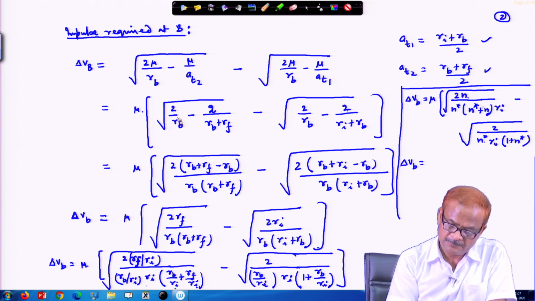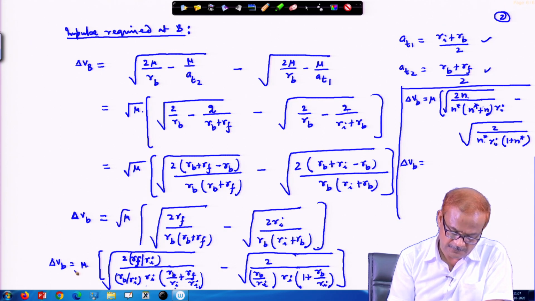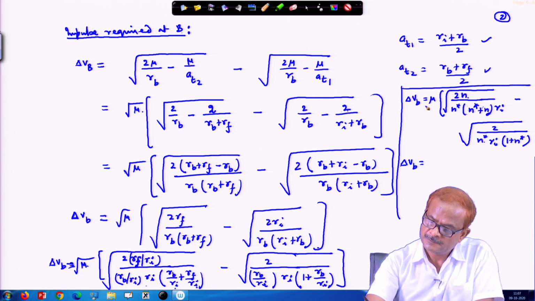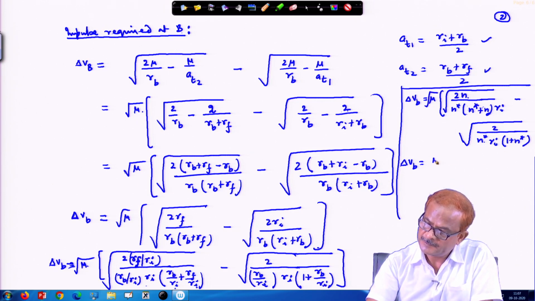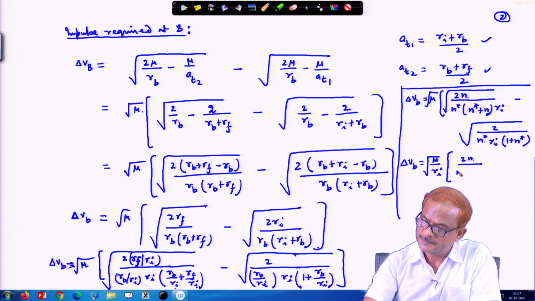And here, once we have taken this mu under root, I had written mu without the root sign, so this is the correction. Once we take mu under root outside, this is mu by r I under root, and then 2 n divided by n star times n star plus n under root, minus 2 divided by n star times 1 plus n under root.